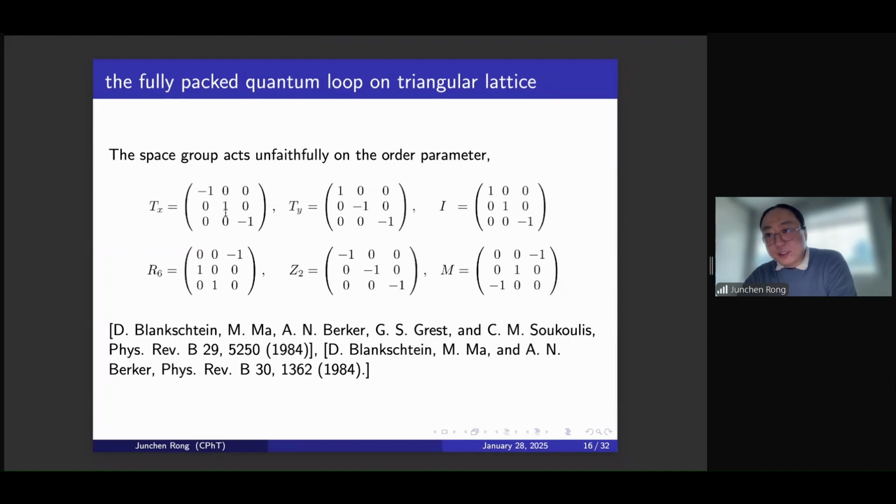Tx is the translation, Ty is the y-direction translation, inversion is bond inversion, R6 is the six-fold rotation, Z2 is the gauge we were talking about, the freedom in picking the gauge. We can flip all the Ising variables, we don't change anything. M is some mirror reflection along some plane, I think.